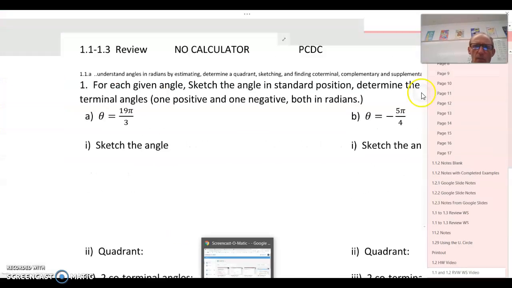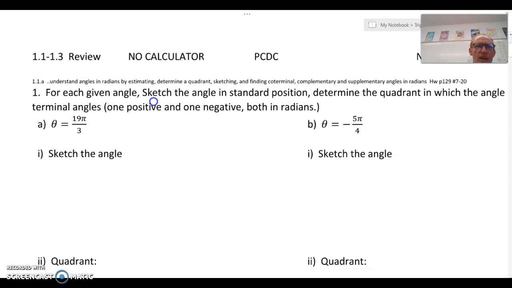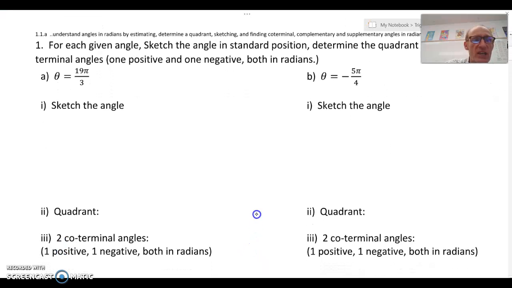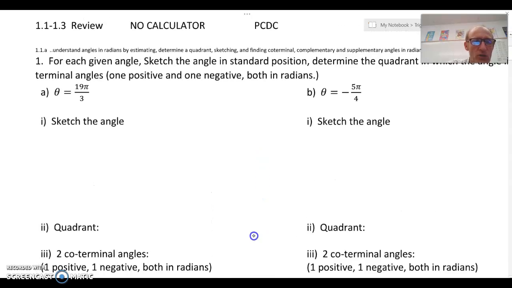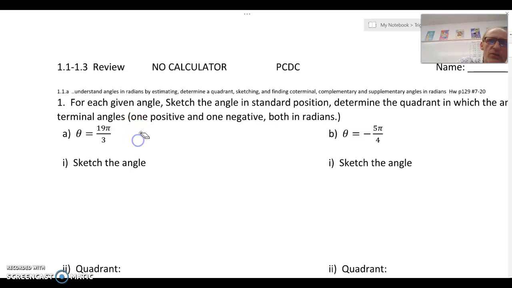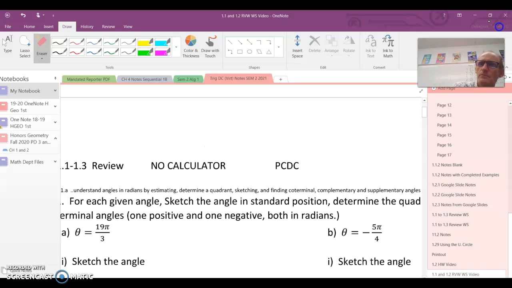Now, in the first problem it says for each given angle, sketch the angle, find the quadrant, and give one positive and negative coterminal angle. 19 pi over 3, or 19 thirds, is 6 1/3.